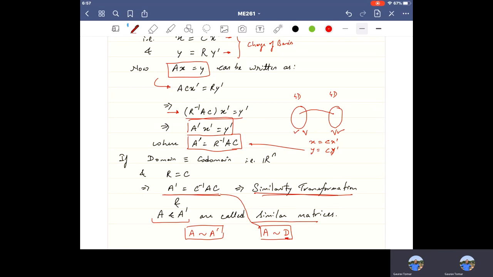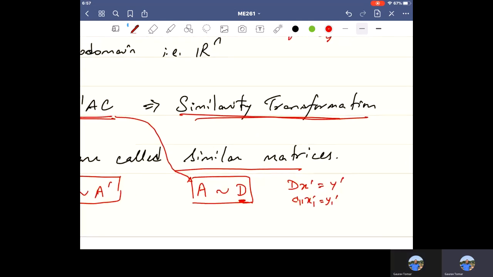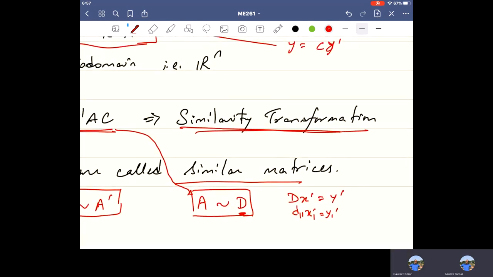Now imagine you have a diagonal matrix D x prime equal to y prime. You're saying D11 x1 prime is y1 prime, and D22 x2 prime is y2 prime.